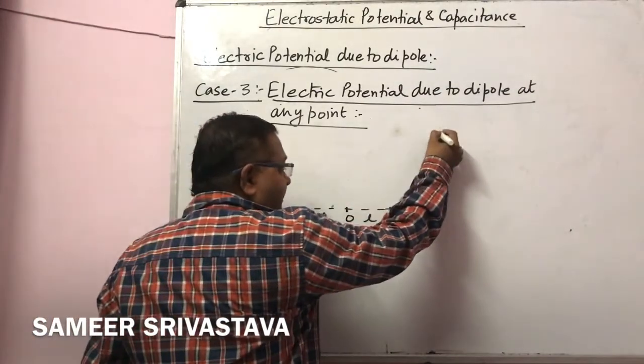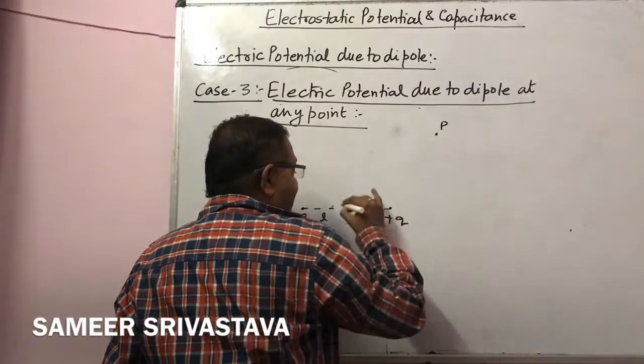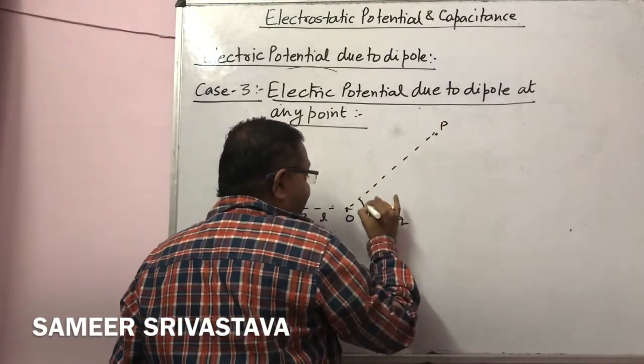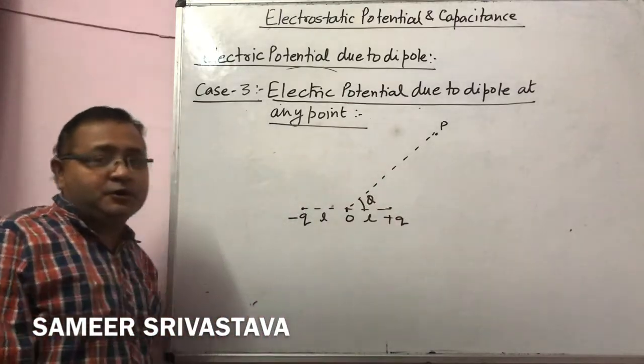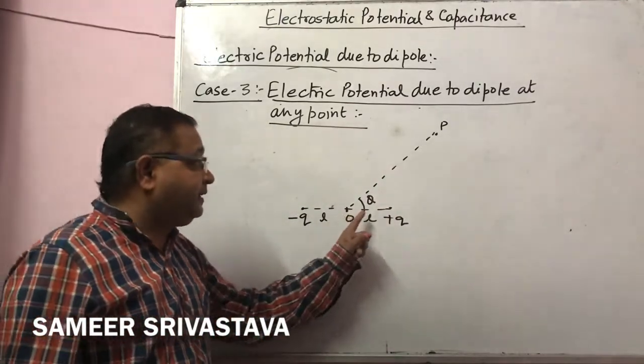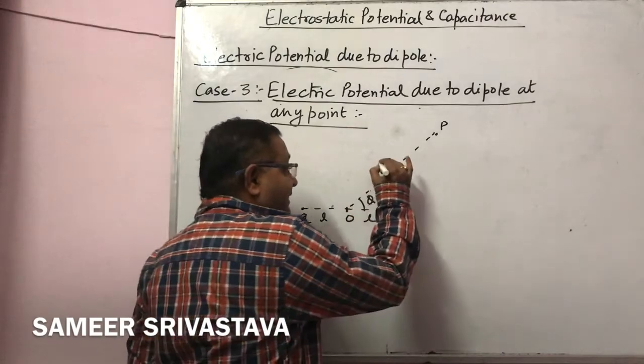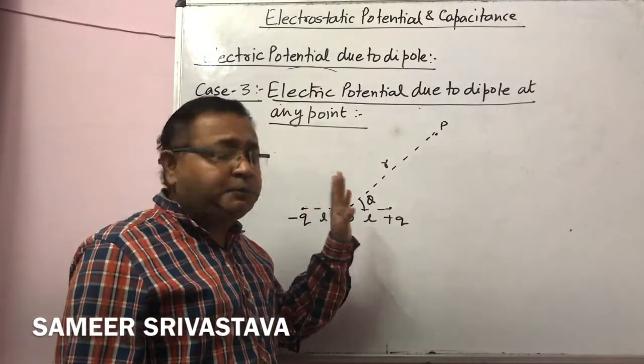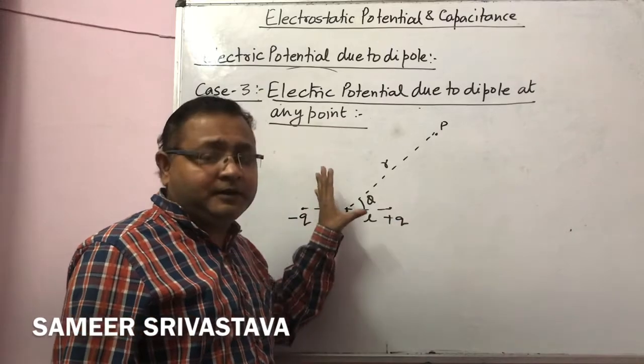Now I say the point P is here, and this point P makes an angle theta with the axis of the dipole, at a distance of r. Now I am not going to derive this condition.